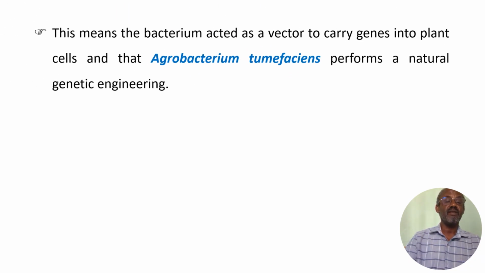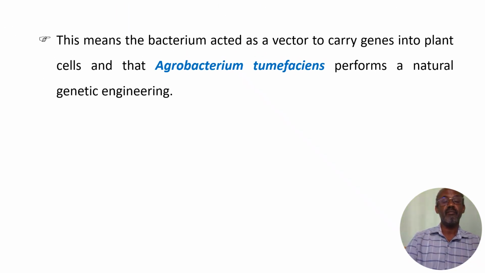This means that the bacterium acted as a vector to carry genes into plant cells, and that Agrobacterium tumefaciens performs natural genetic engineering. You can call this bacterium a natural genetic engineering bacterium, a bacterium which can perform genetic engineering on its own.